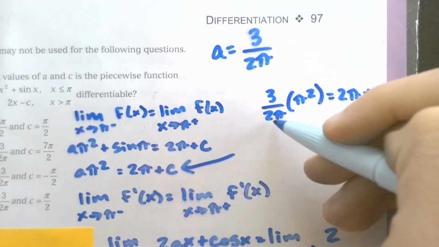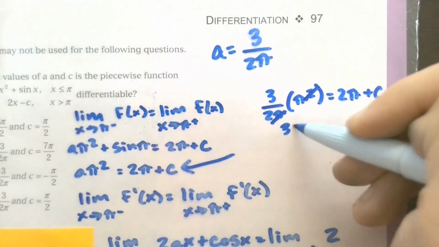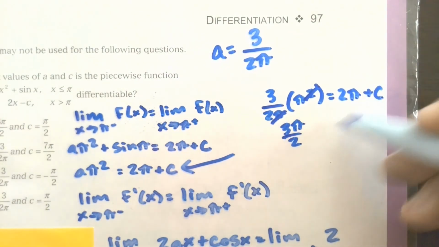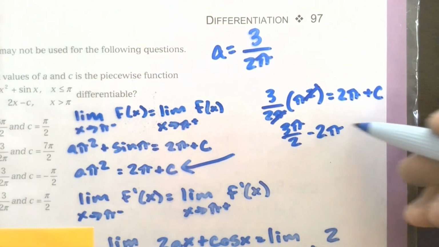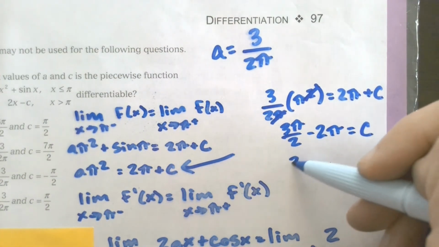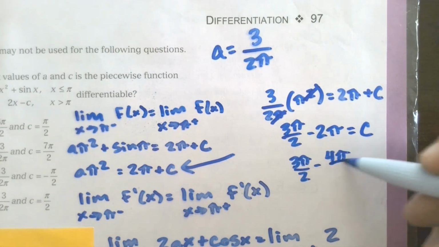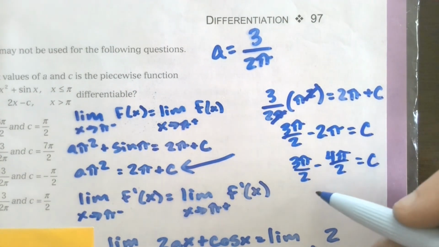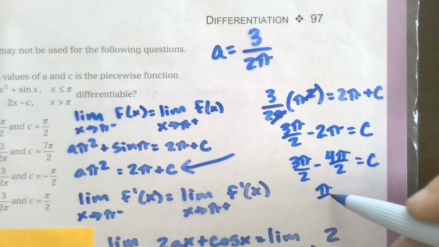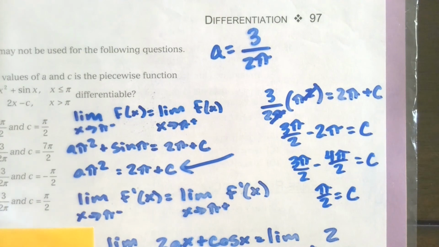So this piece, I'm going to be able to cancel out a pi. So I have a 3 pi over 2, and then subtracting 2 pi. There's c. I do want to get a common denominator to see exactly what this is. And when we subtract, we'll get pi over 2 equals c. So it looks like we've got D.